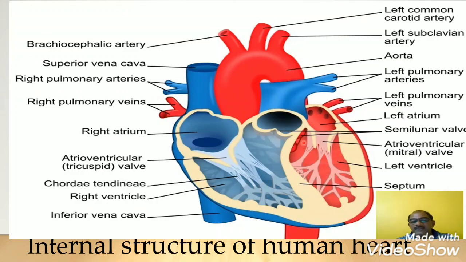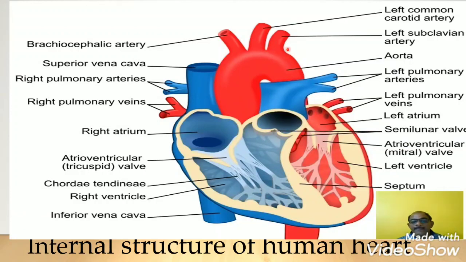Then this left ventricle pumps this blood toward the aorta, dorsal aorta, and from that dorsal aorta it passes all over the body.